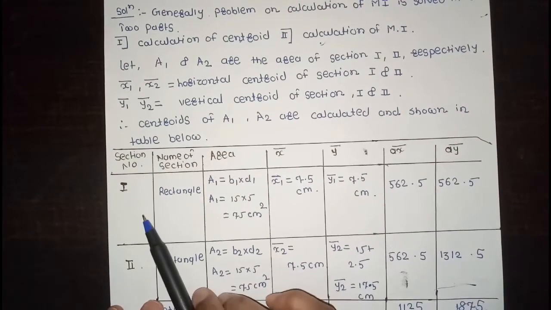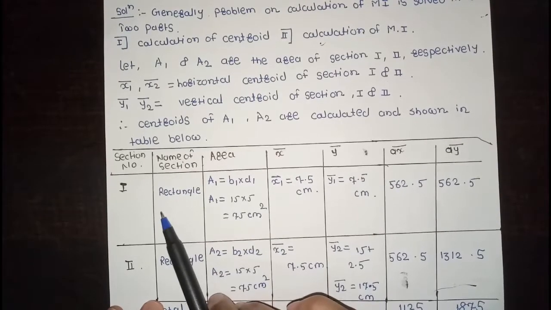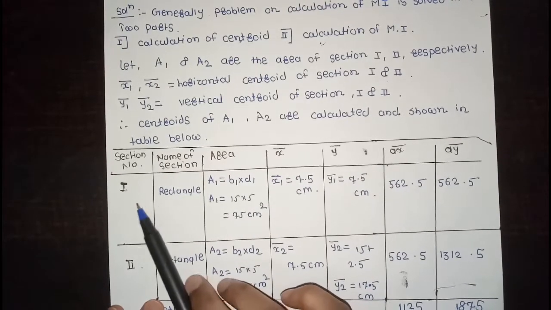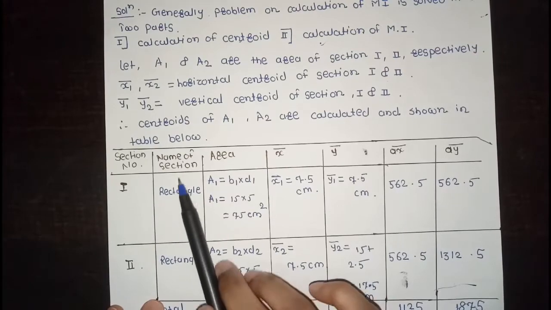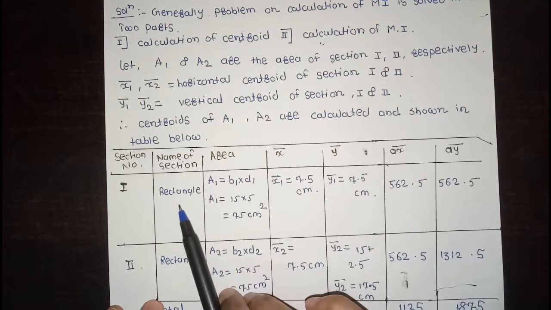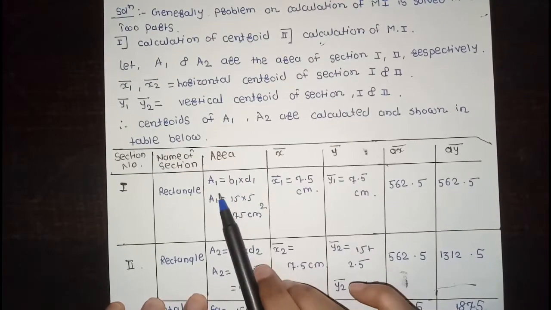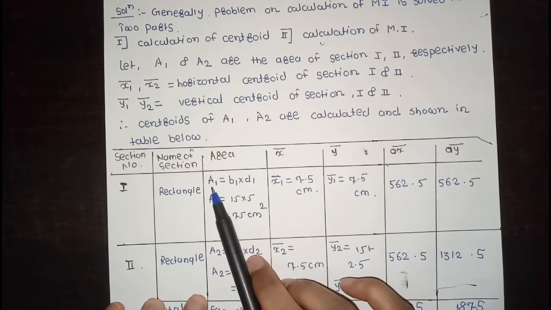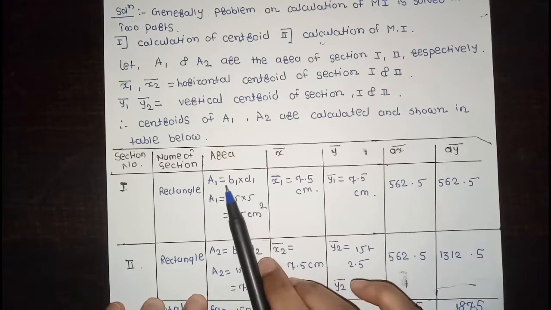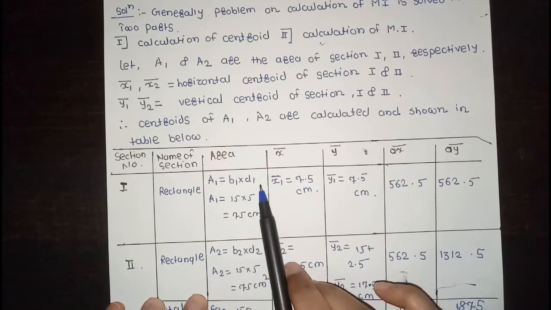The first section, the T section, contains two rectangles, the flange and the web. So the first section is the web section. Name of section is rectangle. Area of rectangle is B into D. So we write A1 is equal to B1 into D1.